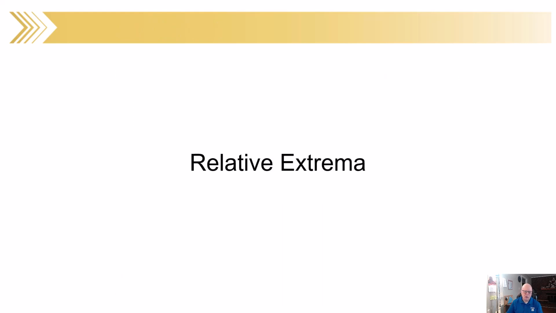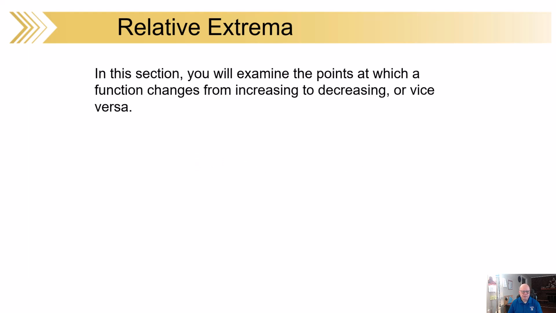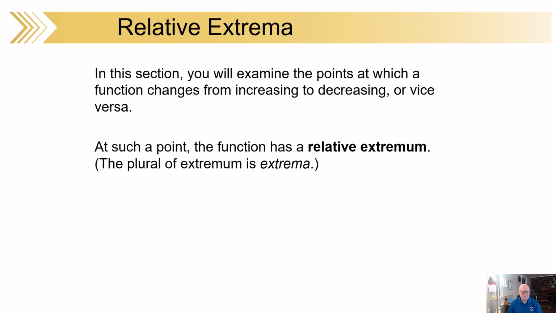So here we go, relative extrema. You're going to look at points where the function changes from increasing to decreasing, or vice versa. We talked about that in section 1, about increasing and decreasing, a pretty simple concept. And we're going to find those points.